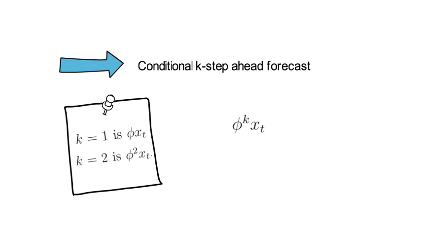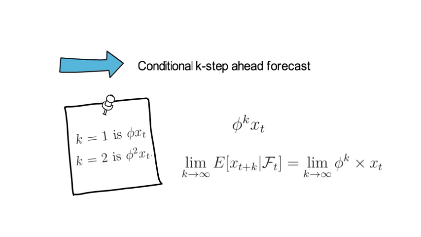Now, we wonder, what is the forecast if k goes to infinity? Well, let's write it down explicitly. We are looking for the conditional forecast of xt plus k, conditional on Ft, where k goes to infinity.